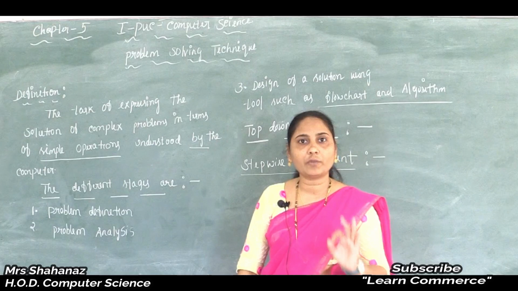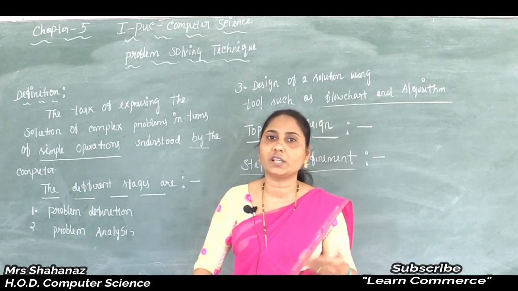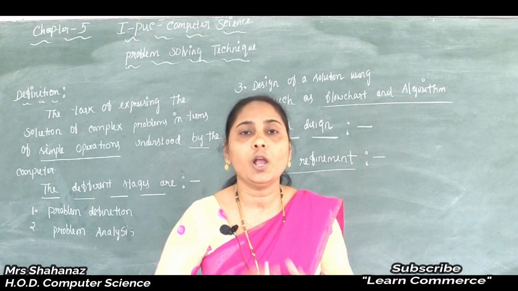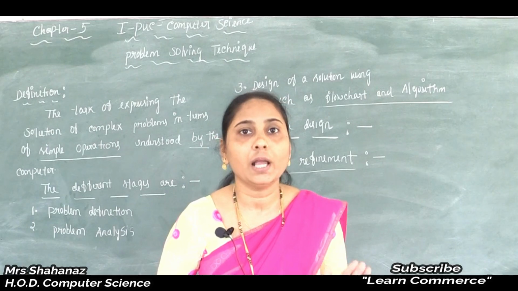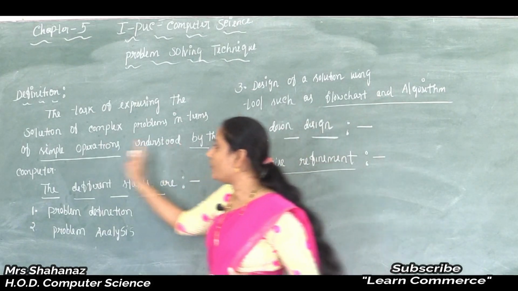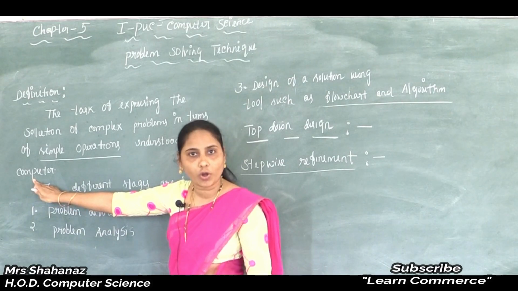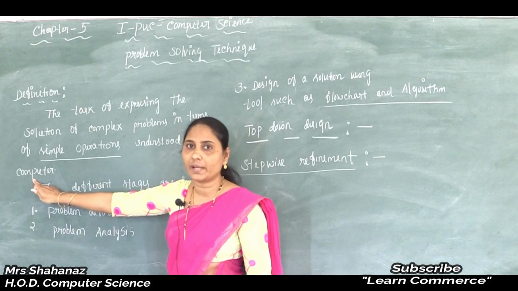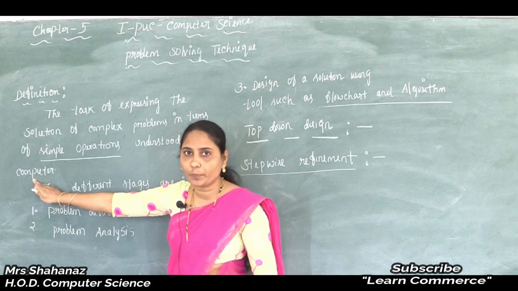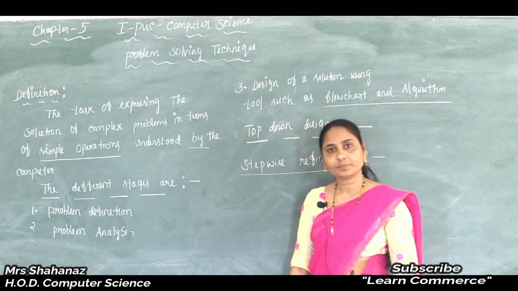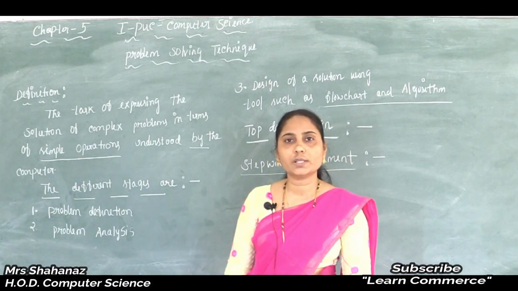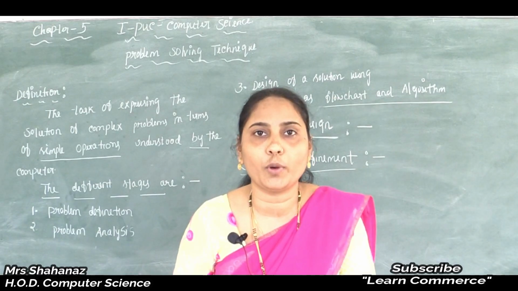Why? Because here we are not going to solve by using the book and each and everything. Whatever the problem is there, we are going to solve just by using the computer. So whatever problem we solve by using a simple method, such a method should be understood by the computer here. So this is about the definition of problem solving.